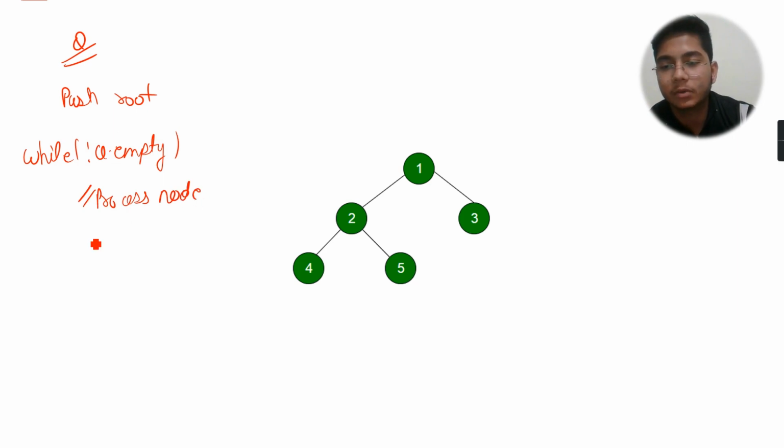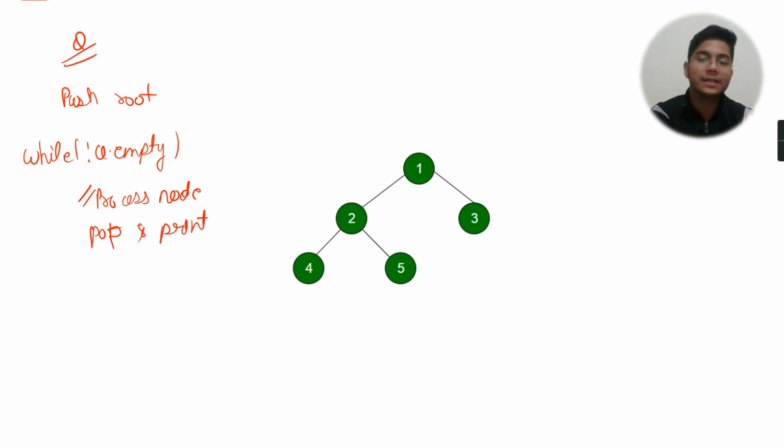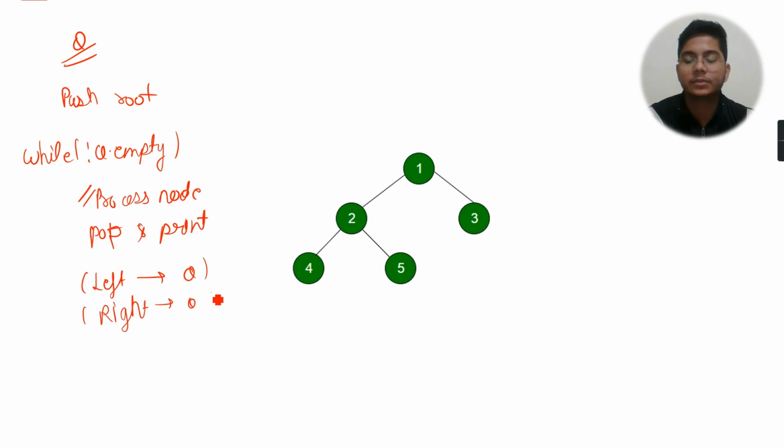And how will you process the node? You will pop it out, pop and print, and now as you have popped, you will store it in a variable temp, and you will check if left exists, push the left in the queue, and if right exists, push the right in the queue, right?